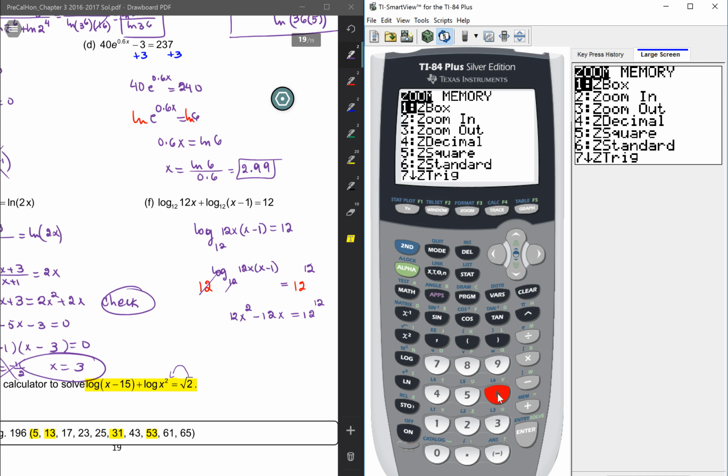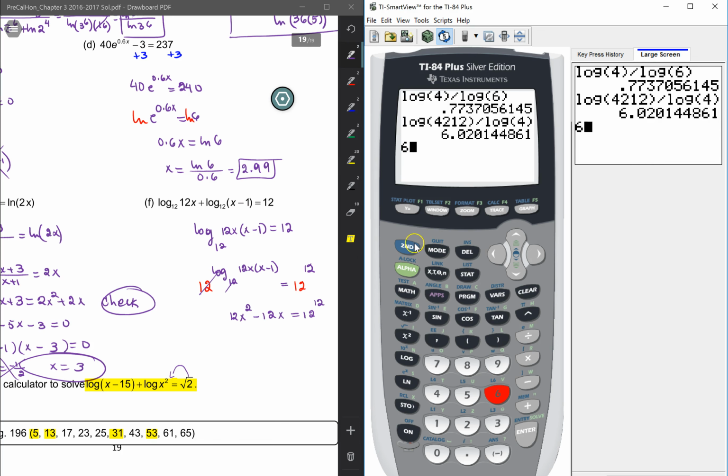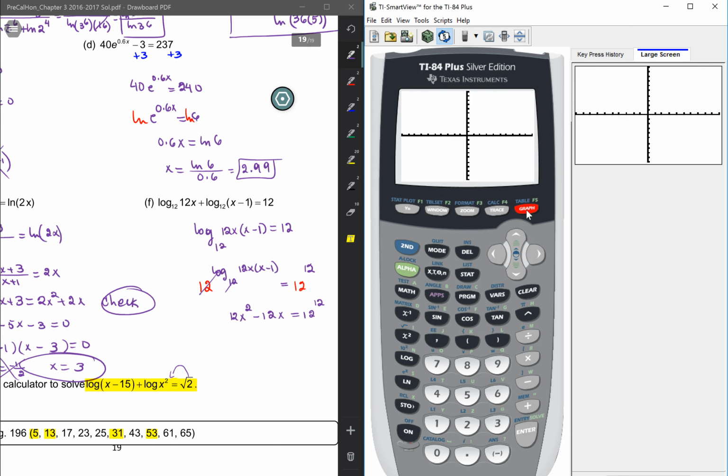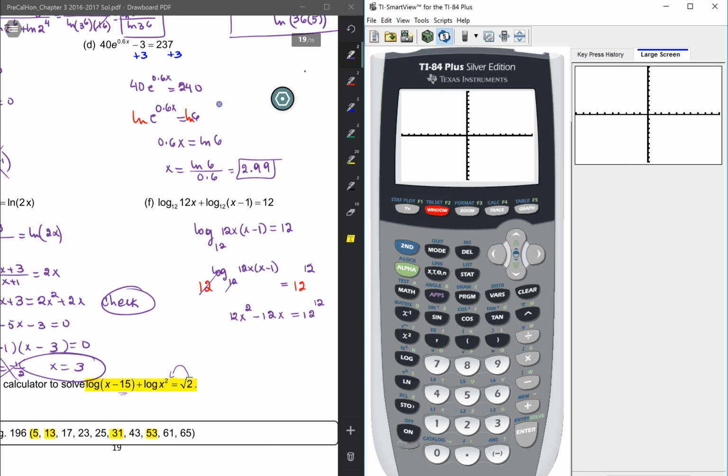And I'm going to do zoom 6 because I don't know where my windows were before. Okay. Let's see. See anything here, right? Okay, so what's going on here? One thing that could give you a clue is that here we have log of x minus 15, right? That means there is a shift 15 units over. Well, why don't I take my window over there then?